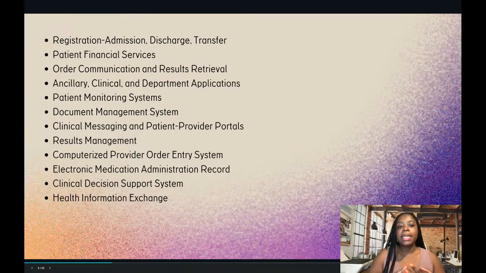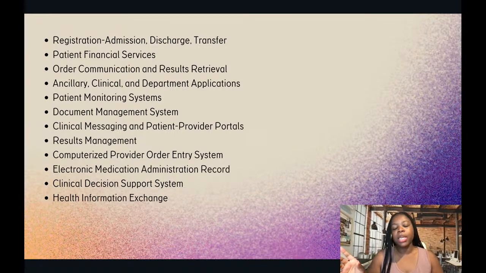Registration, ADT is what you may see abbreviated as RADT. That stands for Registration, Admission, Discharge, Transfer.